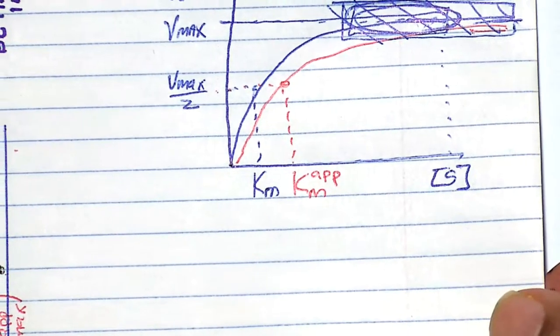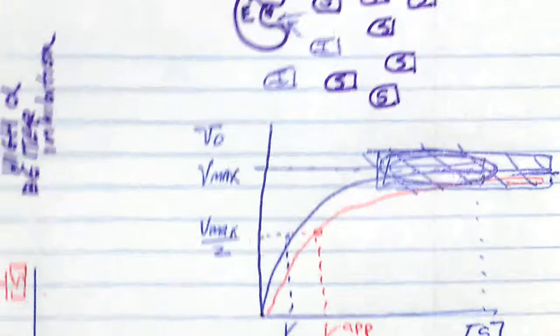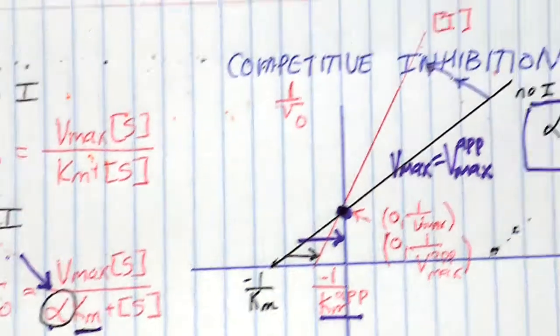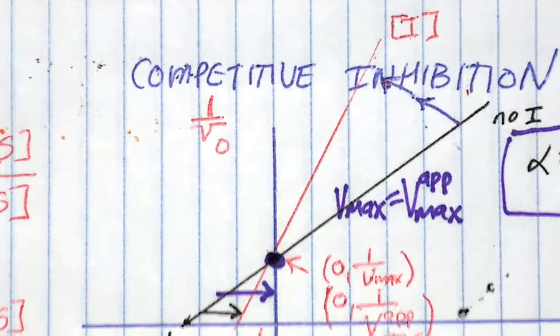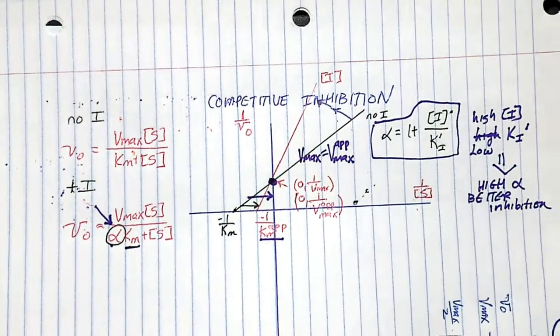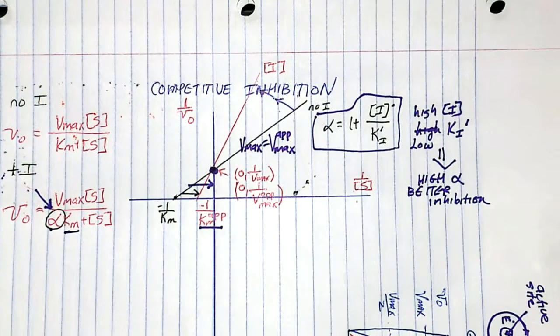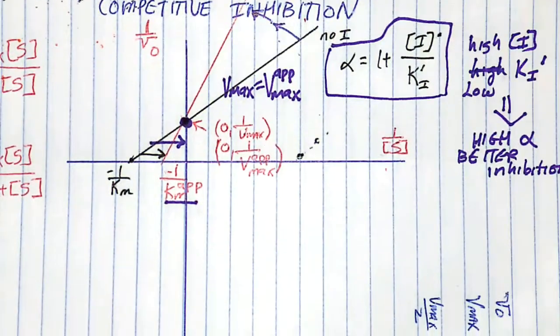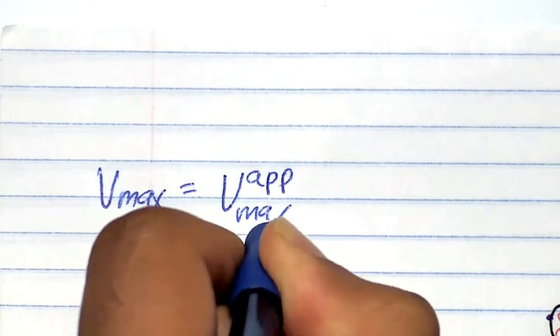So our final comment on this: in the presence of a competitive inhibitor, your Vmax will equal your apparent Vmax.